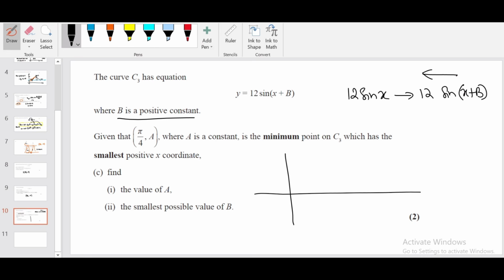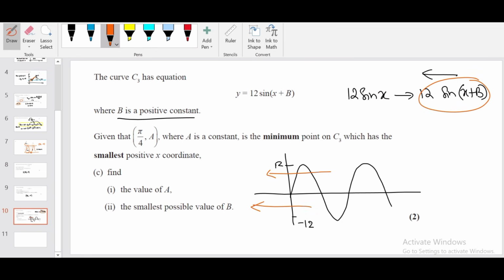You have the graph given. This is 12 sin x. This point is 12. This point is minus 12. Now you need to apply x plus b, so we are going to move the graph to the left side b units. Let's say the graph has already been translated to the left side b units.